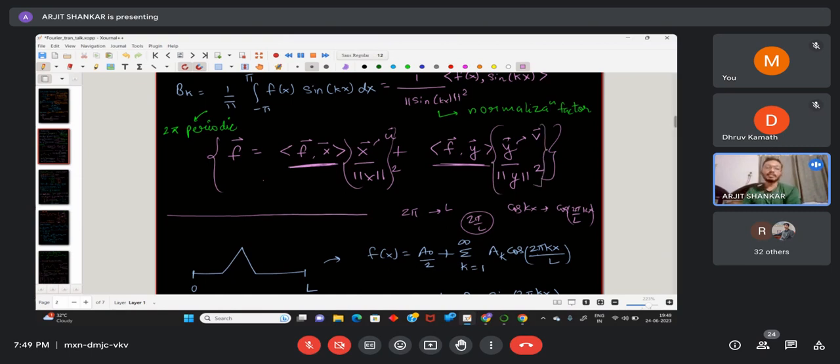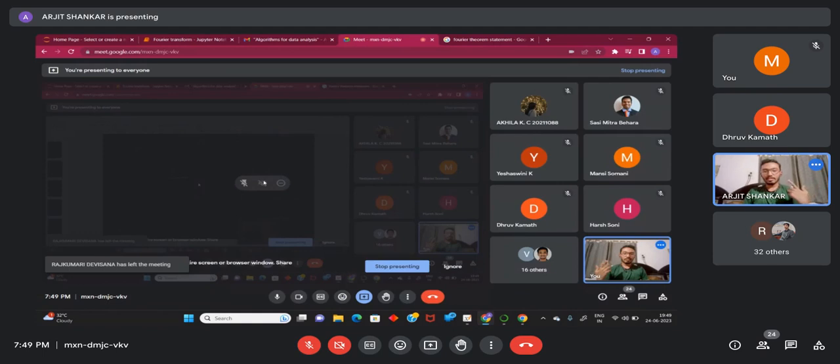That's how we are going to determine these values. We are understanding it in terms of the projection of that particular signal onto cos and sine, and those are our Fourier coefficients a_k and b_k. Is it clear? Fine.